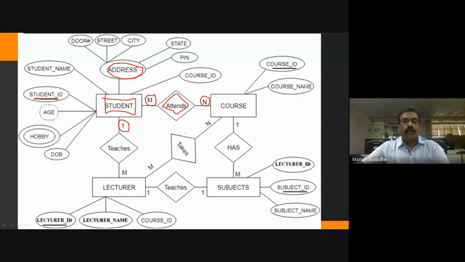If I am saying M N here, that means many students can take many courses. If you are going to an institute, you can attend 2 or 3 courses. So there is a possibility of many students taking many courses. That's why M and N are holding some value other than 0 and 1.